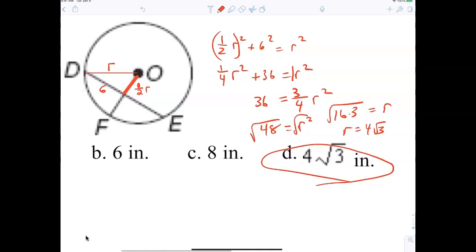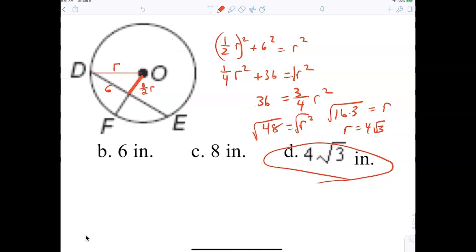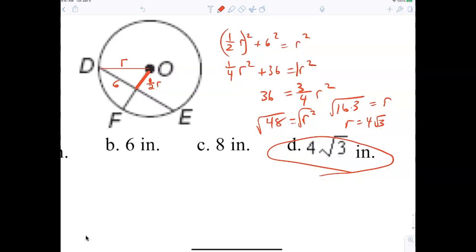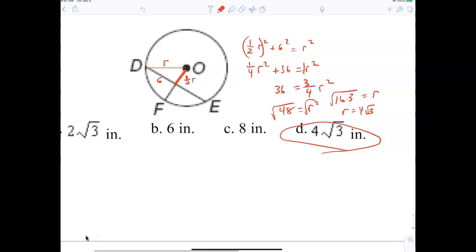Wouldn't that also be a 30-60-90 triangle since it's half of r over r? No, that's a good question.